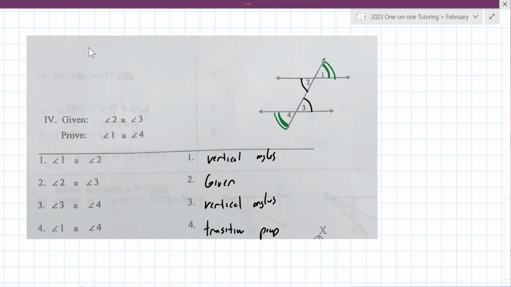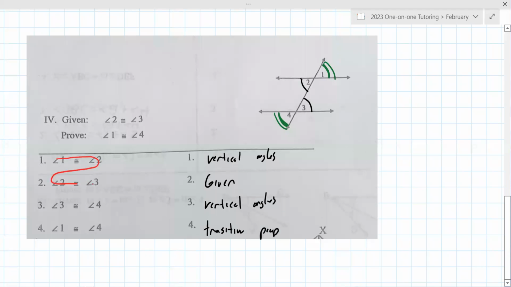And it really comes from this line right here. That's how you go from 3 to 1 there. Okay. All right, let's move on to the next one.